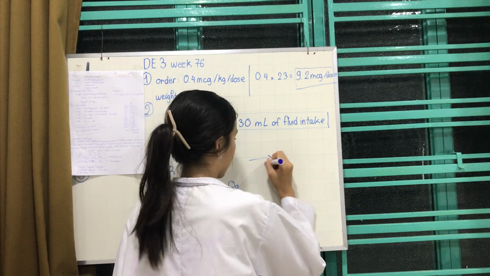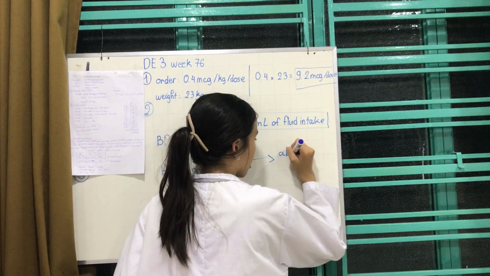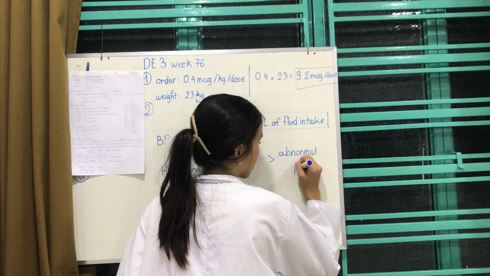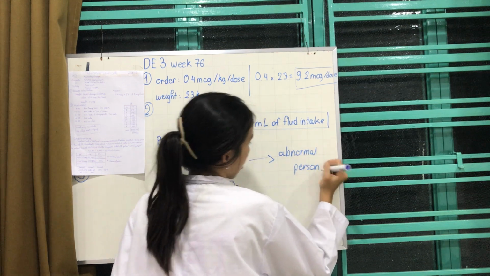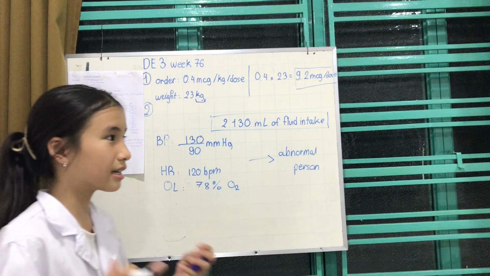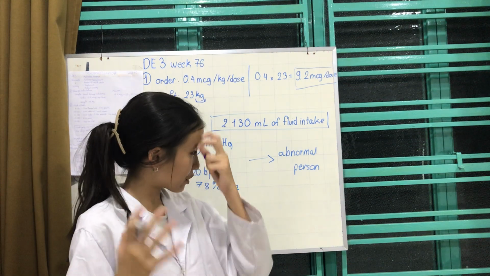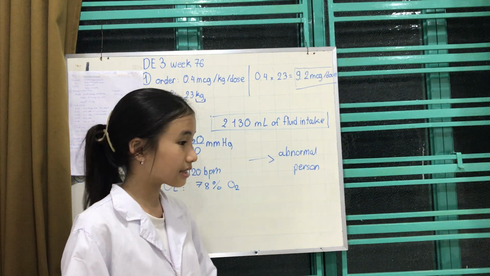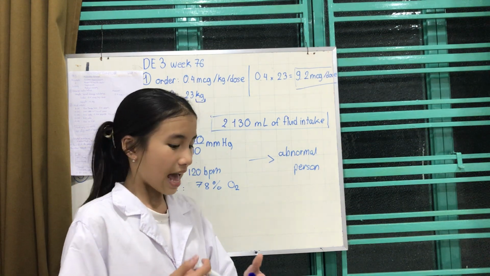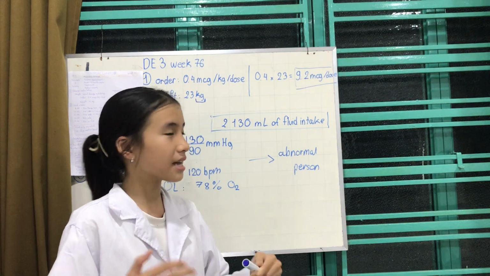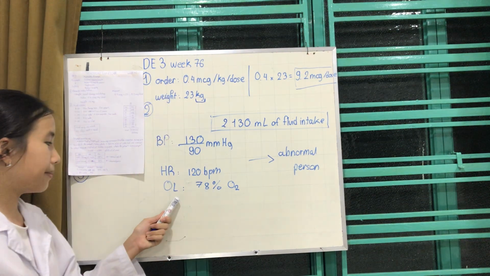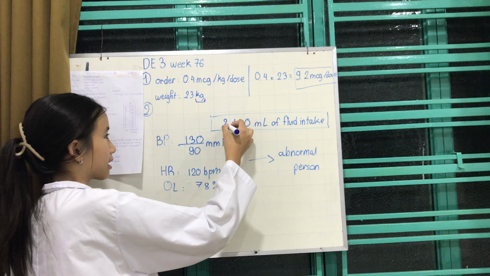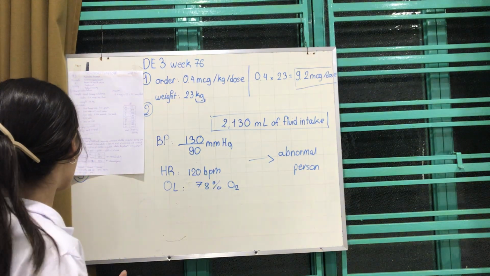Let me write it here. Abnormal person. Maybe that person may have a disease, or is unhealthy and obese, and that is a very important thing to consider, because this affects our health and our overall well-being.